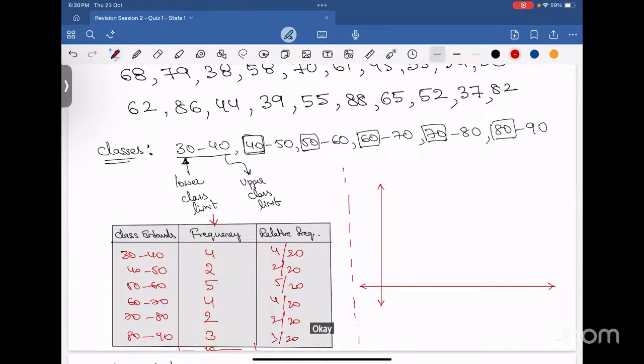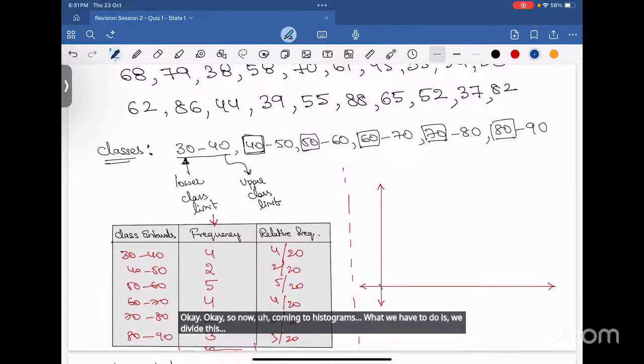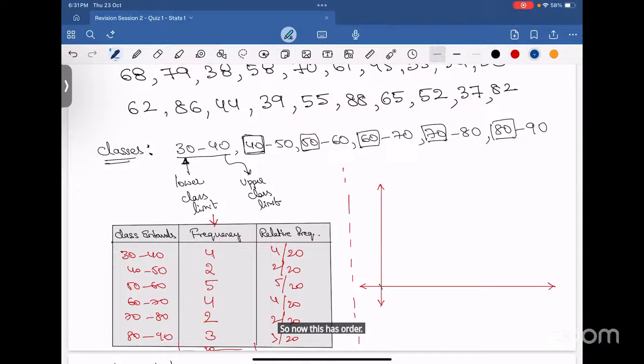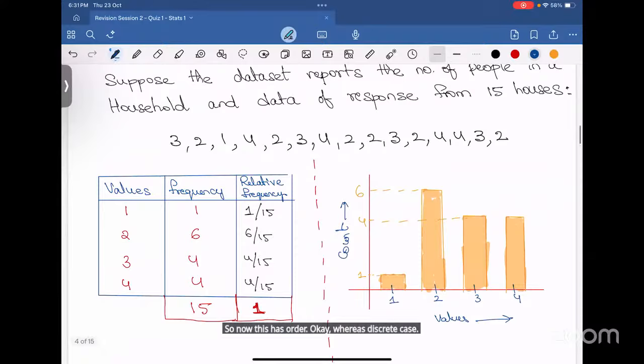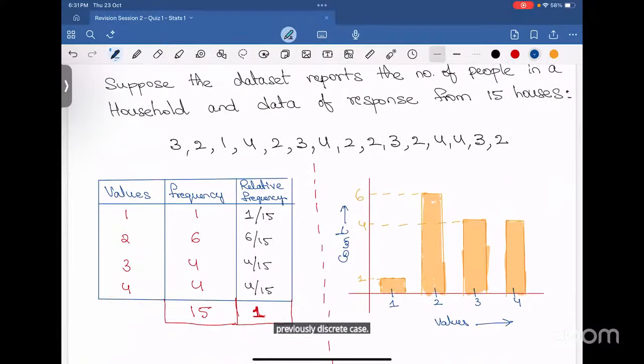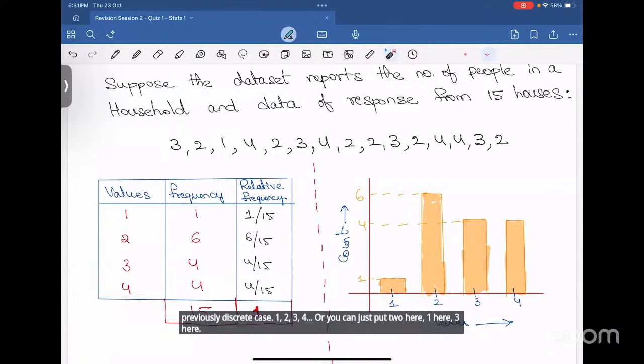Okay. So now coming to histograms, what we have to do is divide this x-axis into intervals. So now this has order. Whereas in the discrete case, previously, 1, 2, 3, 4, or you can just put 2 here, 1 here, 3 here, 4 here, it doesn't change much.